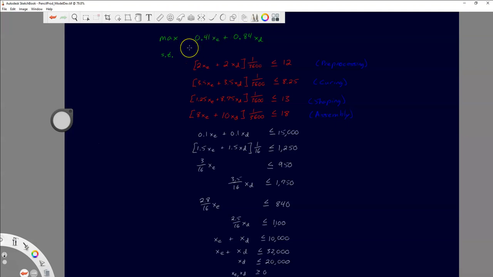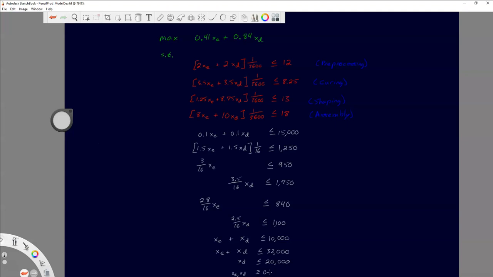And then we are saying it is subject to a series of constraints. The red constraints here all are indications that the labor in each department is not going to be exceeded. And then in gray down here, all except for the bottom one here, are indications that we are not going to exceed the allowable inventory for any given component that is used.